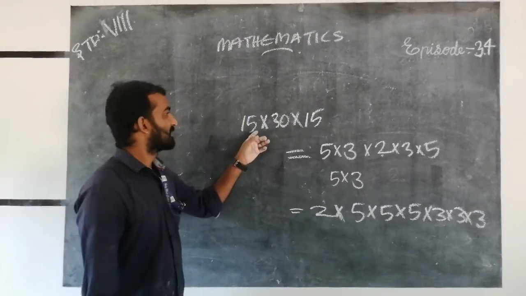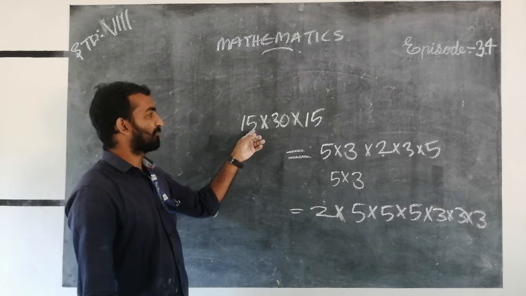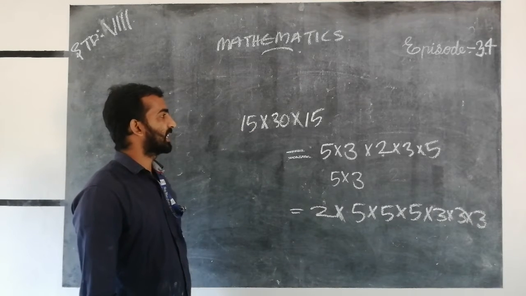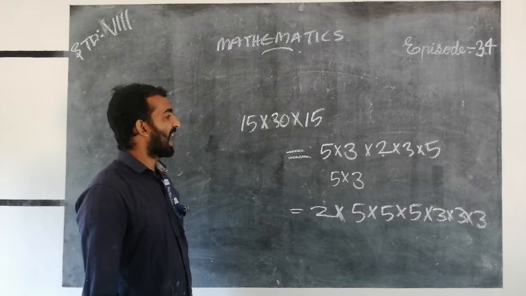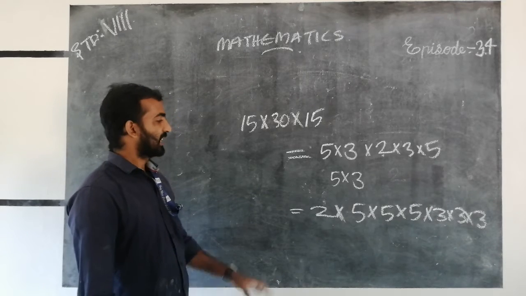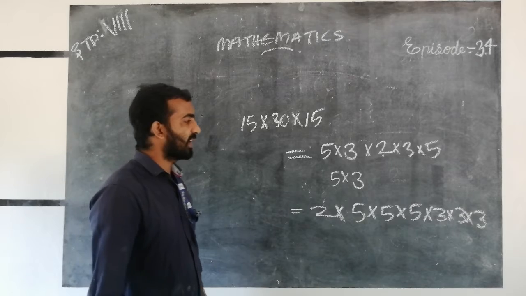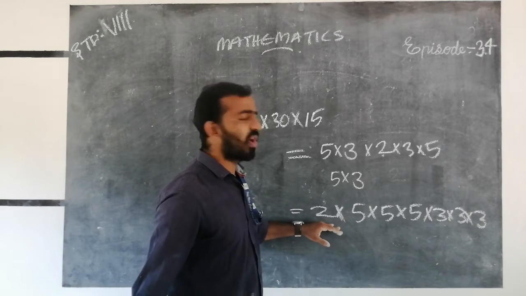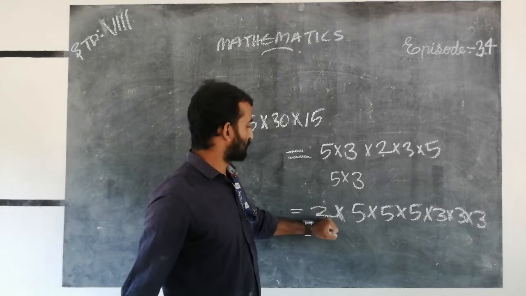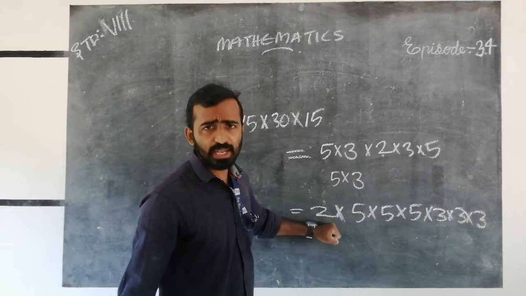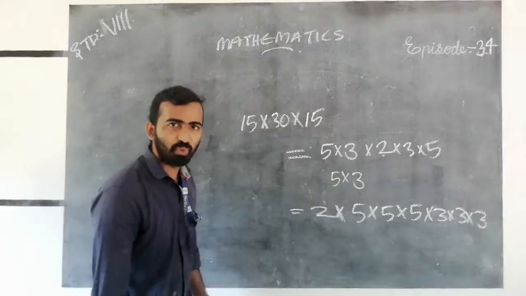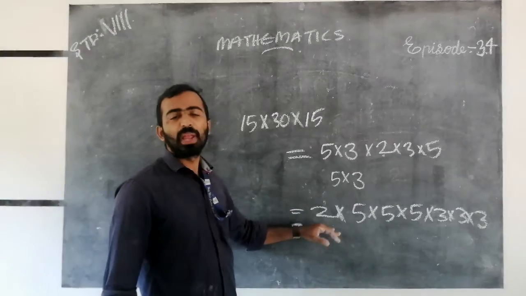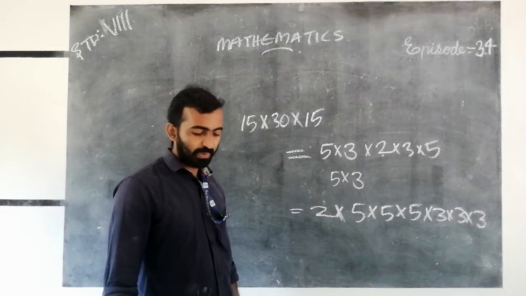That is, when we take the prime factorization, 15 is 5 into 3 and 30 is 2 into 3 into 5 and 15 is 5 into 3, that is 2 into 5 into 5 into 5 into 3 into 3 into 3. Here there is only one 2, so we want 2 into 2, that is 4, that is 4 such cuboids we want to make a perfect cube.